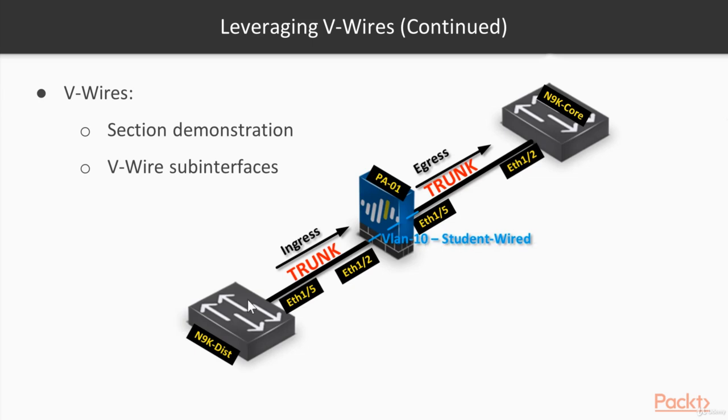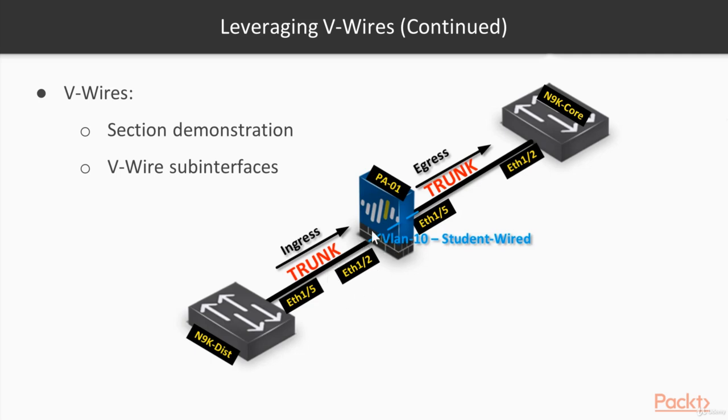So this access switch or distribution switch connects to all of our access switches. And VLAN 10 communicates using this trunk interface that goes over Ethernet 1/5 on the switch, going to the Palo Alto on Ethernet 1/2. This interface, Ethernet 1/2, is configured in virtual wire mode.